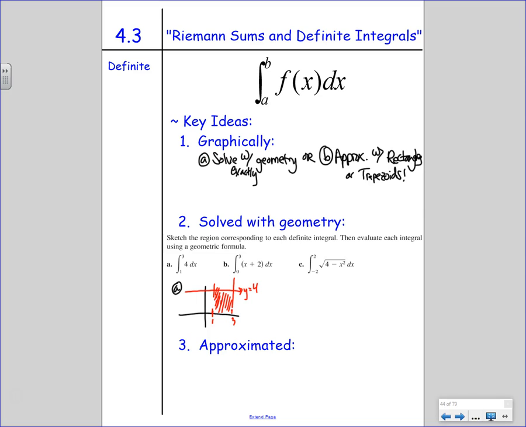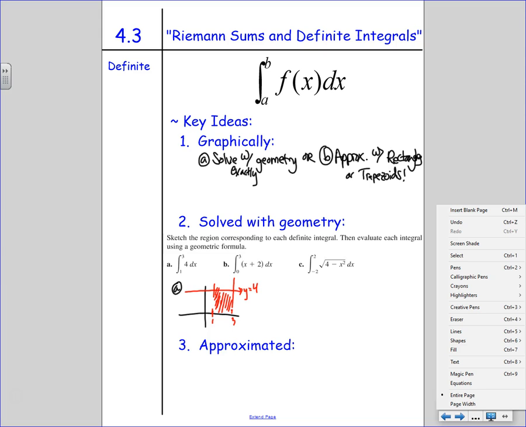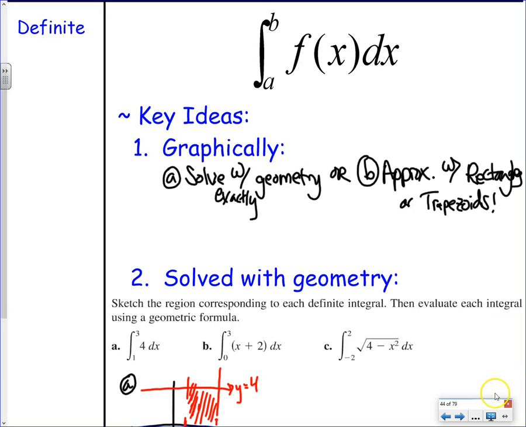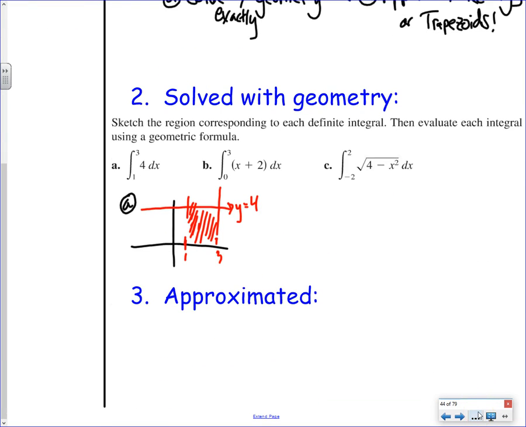It's at least a rectangle, so base times height. My base is 2 and my height is 4. This is a perfect rectangle, so therefore this equals 8. It's a rectangle, 2 times 4.